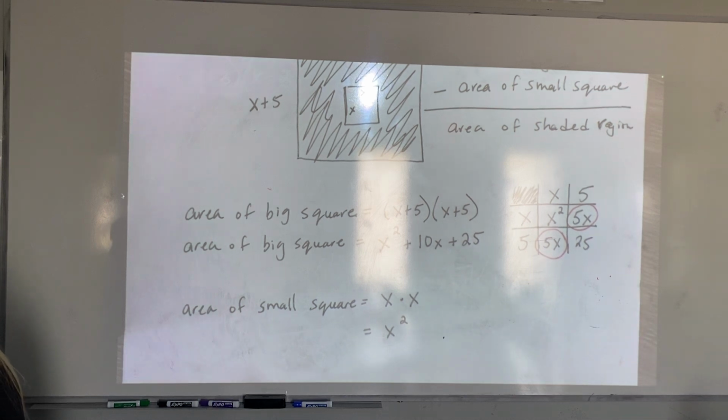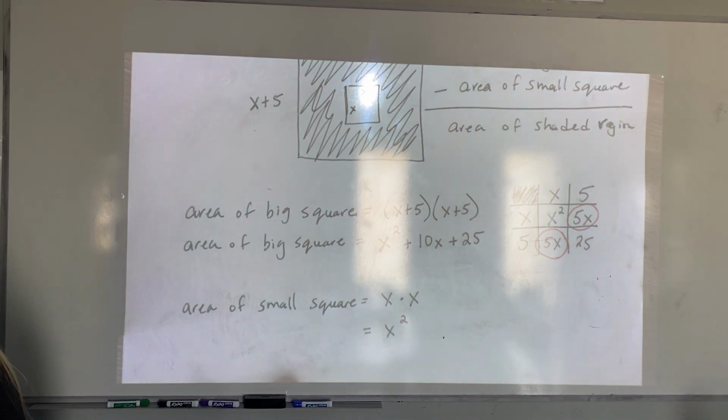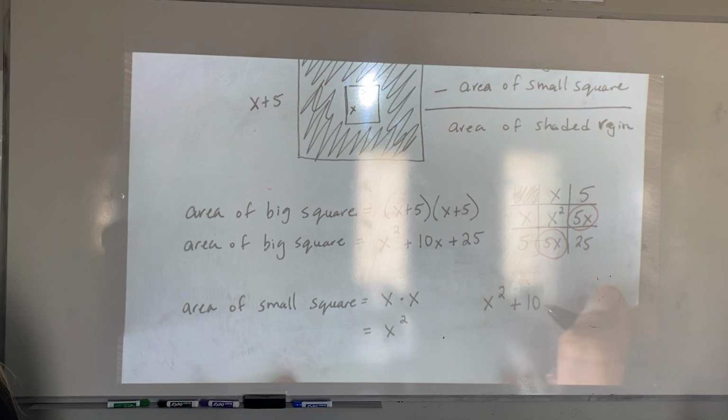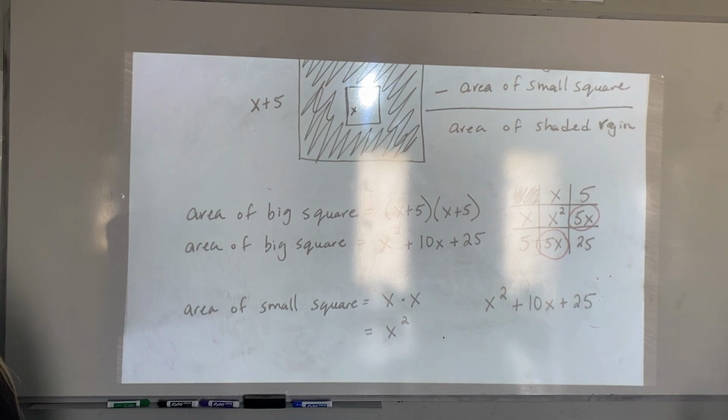And now we need to do our little subtraction problem. We have x squared plus 10x plus 25. Now we need to subtract x squared. Where can I line that up if I'm setting it up vertically? In the front.